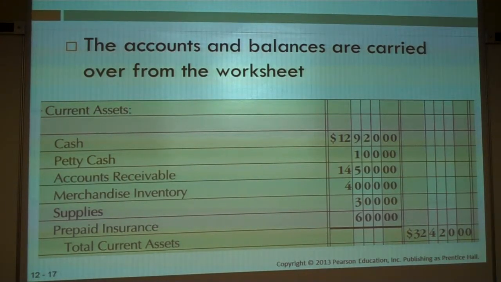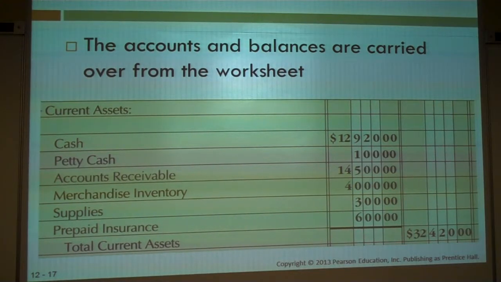Here's a list of our current assets. Cash, petty cash, accounts receivable, merchandise inventory, supplies, prepaid insurance. Does that look like how we could turn things into cash quickly? Cash is in the bank. Petty cash is in the little till box that we have for just small expenditures.